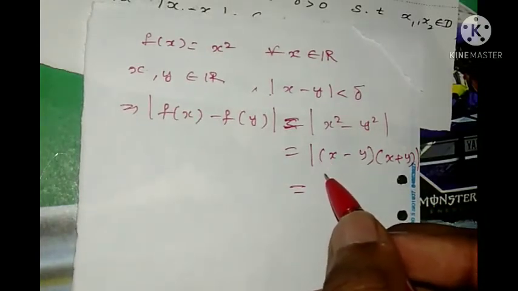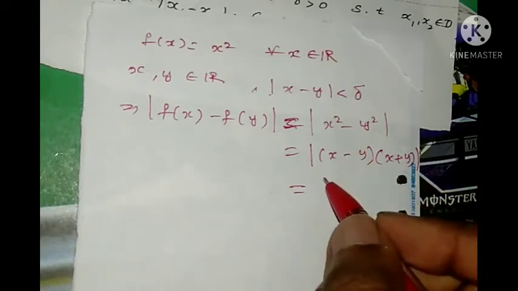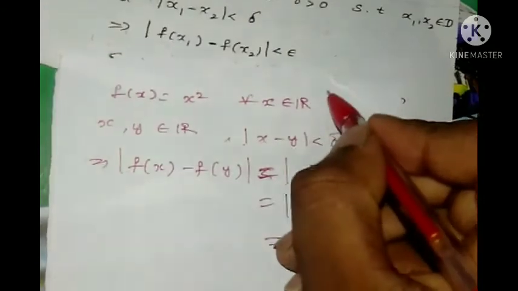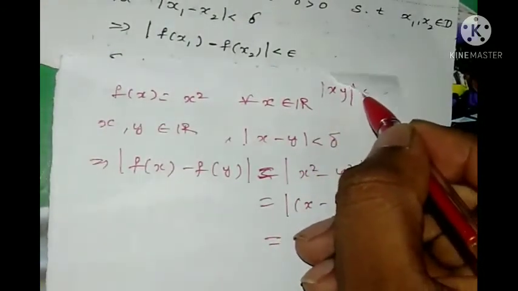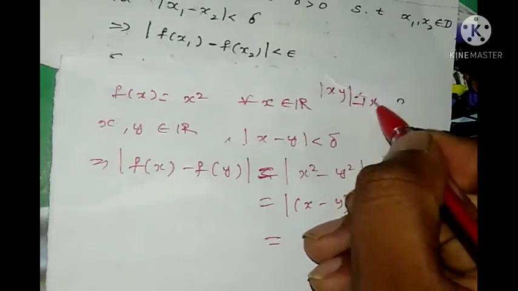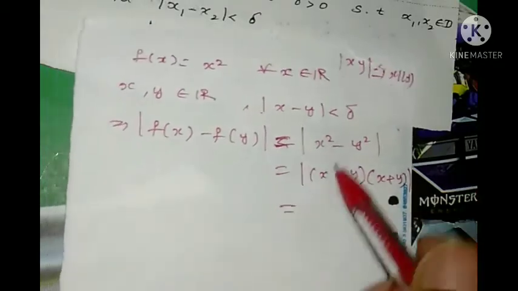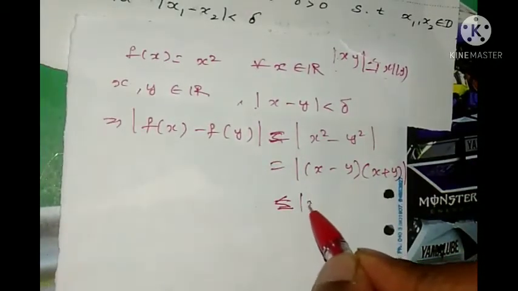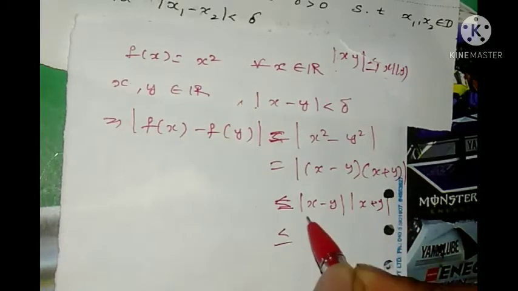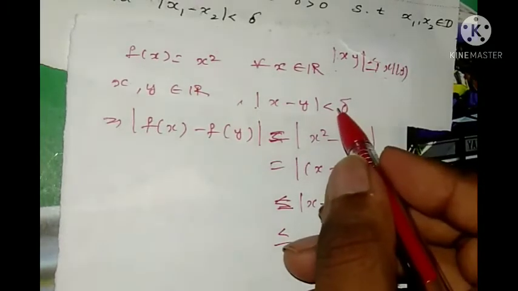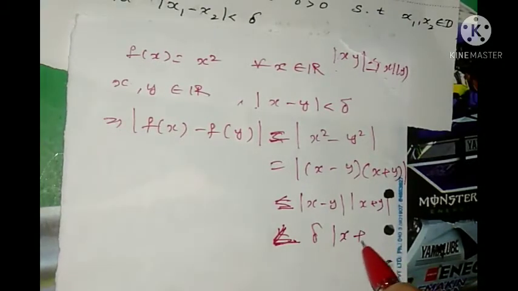Now by using the properties of modulus, that mod of xy is less than or equal to mod x and mod y, we write this as less than or equal to mod of x minus y and mod of x plus y. We know that mod of x minus y is less than delta, so this is less than delta into mod of x plus y.